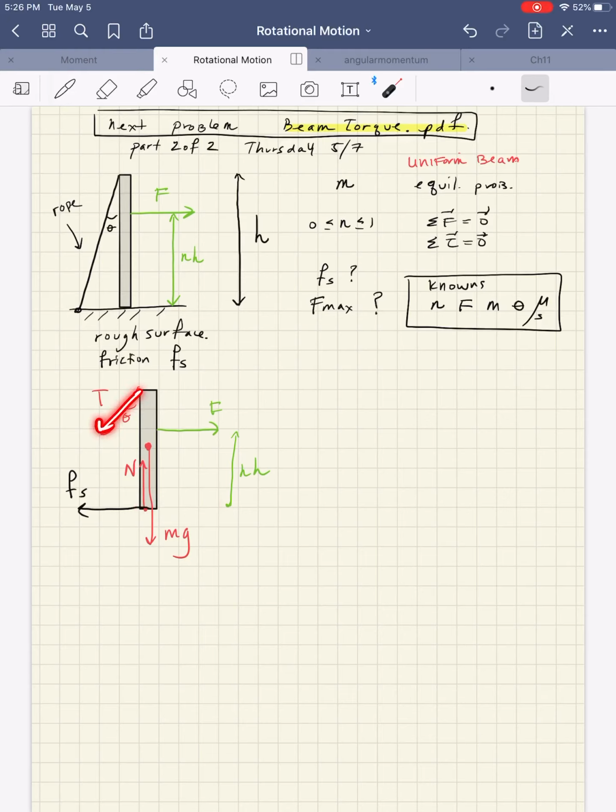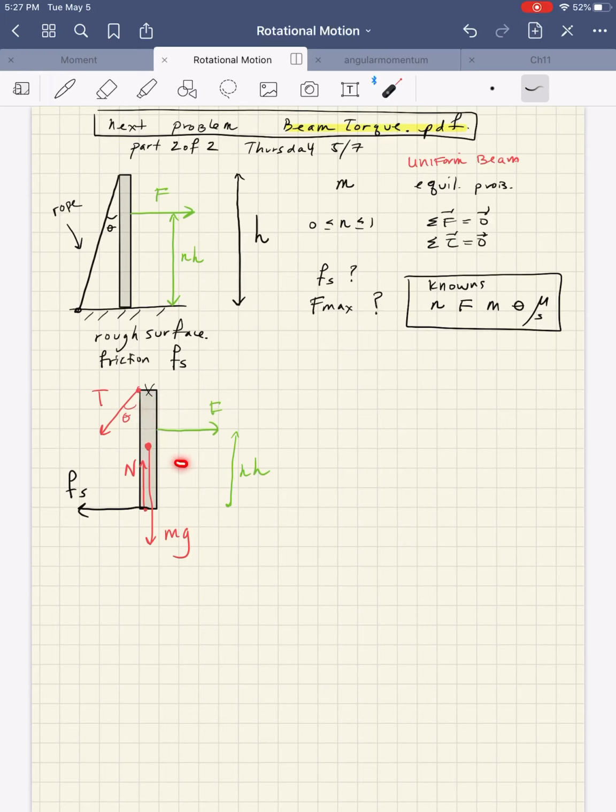Because it's possible, I mean, there's a force of tension here, but the way that I justify it is, for the sum of torques equal to 0, I can choose my axis of rotation anywhere when it's not moving. And if I choose the axis of rotation to be here, there's 4 possible contributing forces, right? There's the force of tension, which will not contribute because it's acting at the axis.